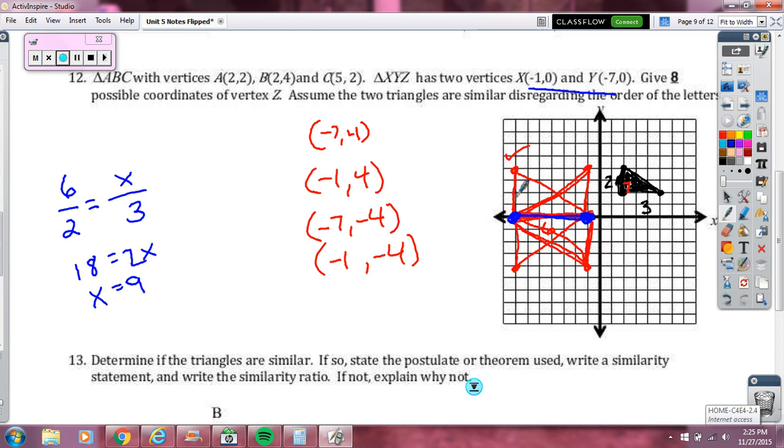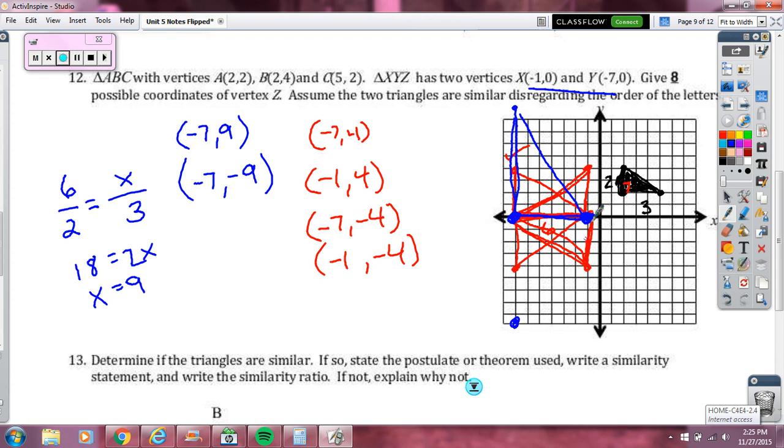So 1, 2, 3, 4, 5, 6, 7, 8, ooh, it's going to go off the page, 9 up here, there's one of my dots. So that triangle would be similar to that one, it's like a rotated version. So that point is at (-7, 9). I could also go down 9, so that point would be at (-7, -9).